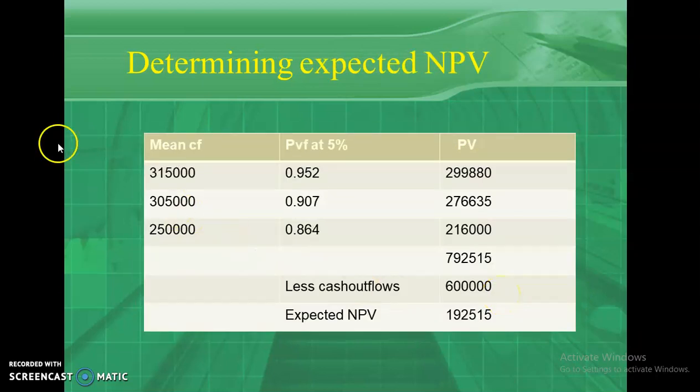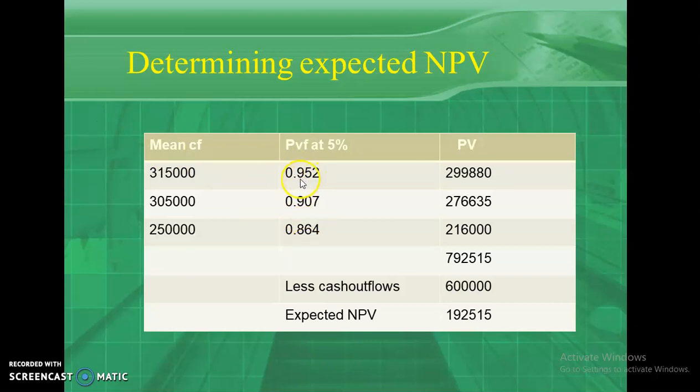Then what do you want to calculate? Again, the present value factor is given in the question: present value at 5%. So at 5%, you calculate the present value of cash flows for the first year, second year, and third year.